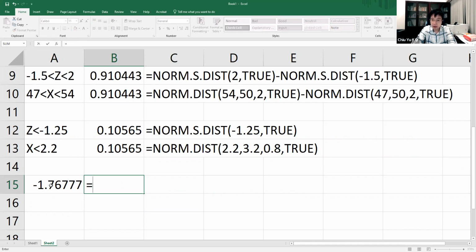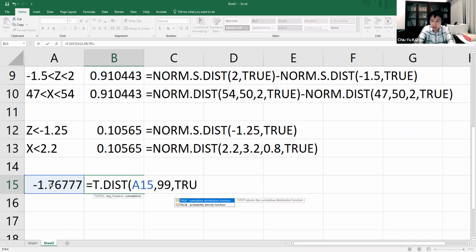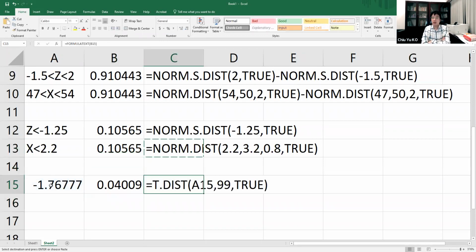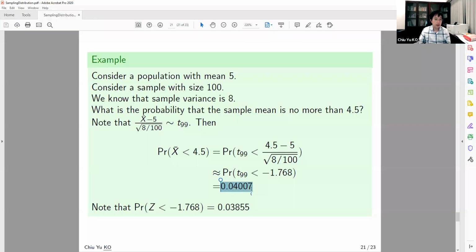You put this number in, and different from the z, the t will ask you for the degrees of freedom, which is 99 here, because 100 minus 1. So this is the answer: it is about 4%.